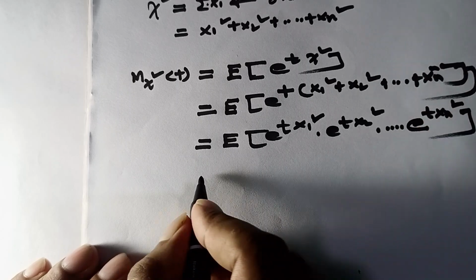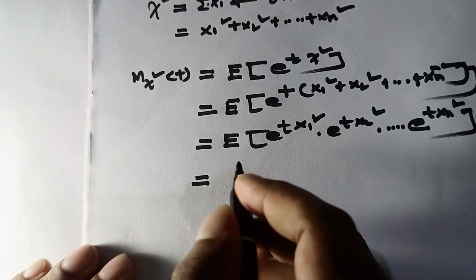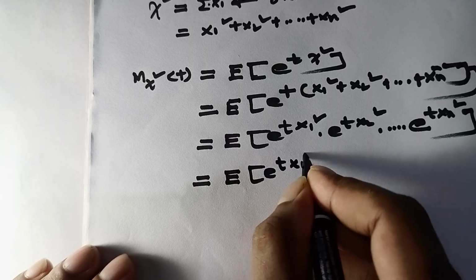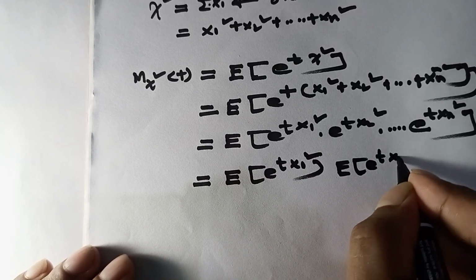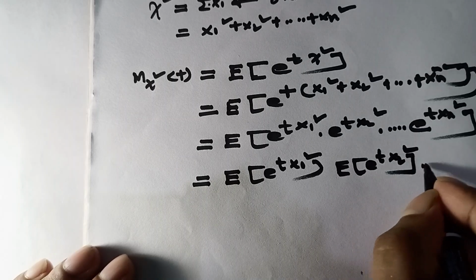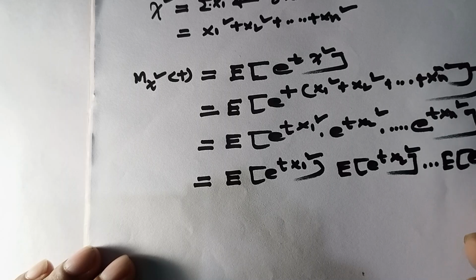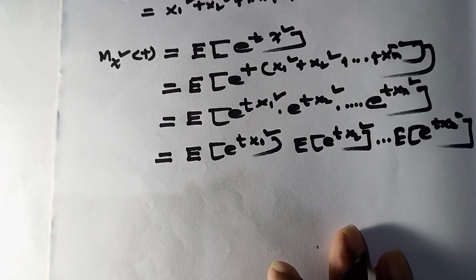And I will now take the expected value of everything here: expected value of e to the power t x1 squared, expected value of e to the power t x2 square, similarly expected value of e to the power t xn squared. So that is what I get.